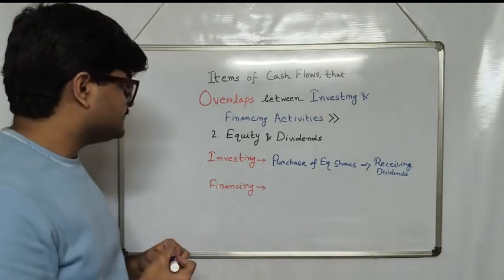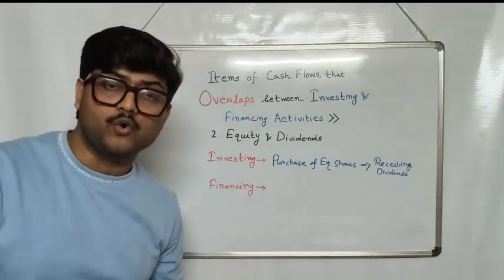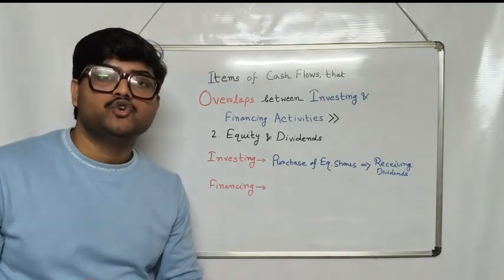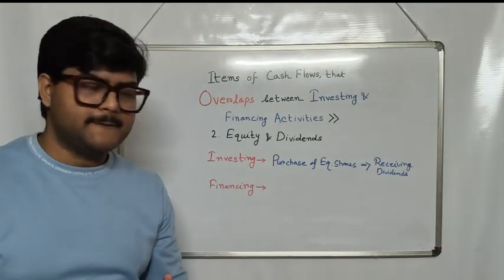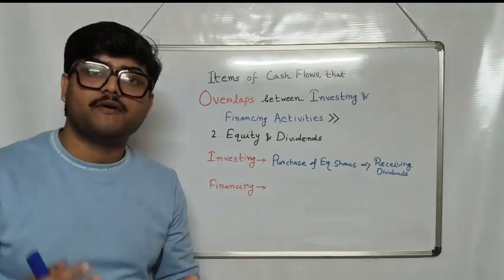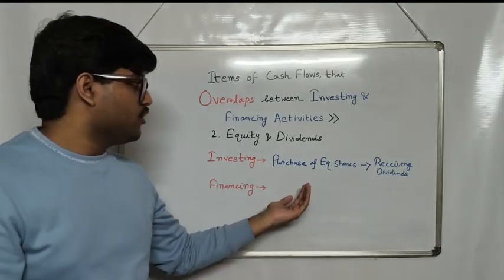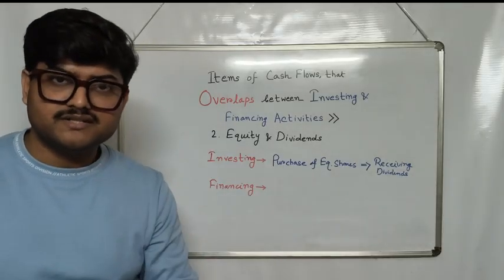But when we are issuing equity shares of our own, that is done to raise the capital of our own business. When we are issuing equity shares of our own business, we also have to pay dividends to the shareholders.